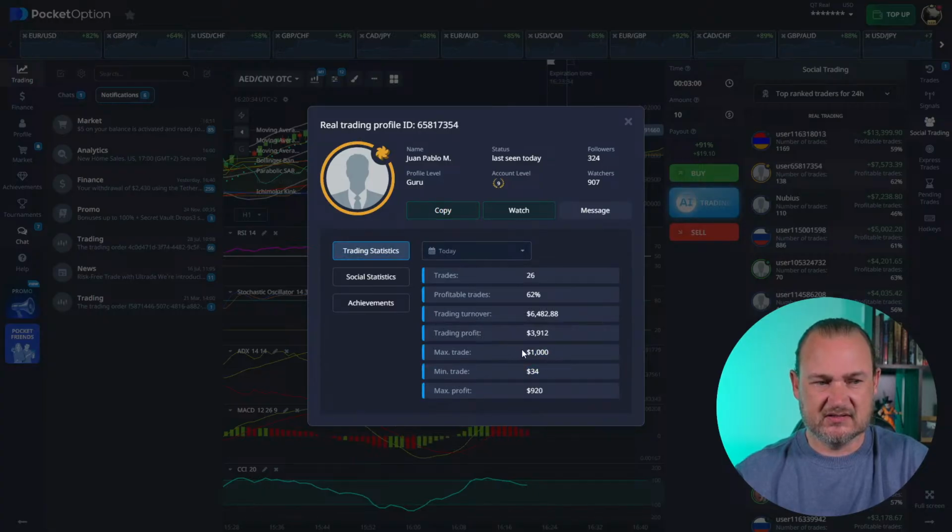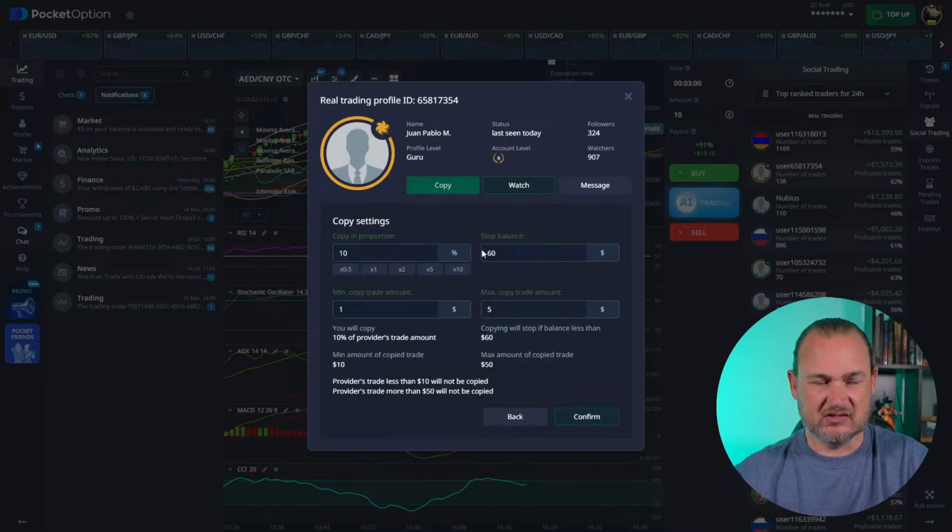Okay, so this guy does trades up to $1,000. His smallest trade was 34. His largest trade was 1,000. So if I want to copy him, I need to understand that he does trades up to 1,000. So if I put my minimum copy amount as $5, I probably will not receive any of his signals, or the platform won't open any of his signals, because his smallest trade was 34, his largest was 1,000.